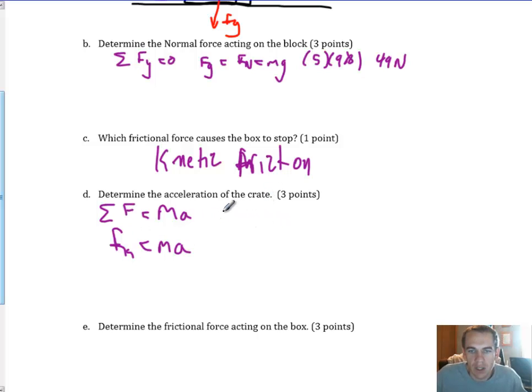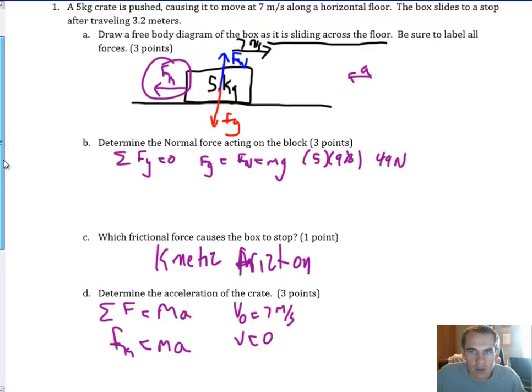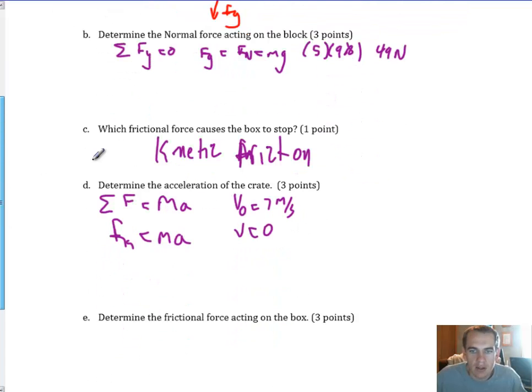But we have enough information to do that. The initial velocity of the crate is 7 meters per second. The final velocity, it comes to a stop, so that's 0. It took a distance of 3.2 meters to do that. So the change in position is 3.2, and I need the acceleration because I know the mass.